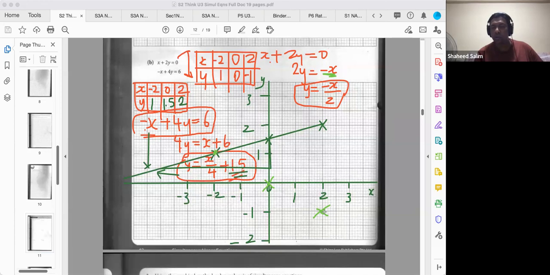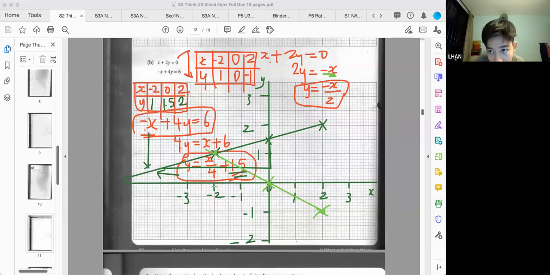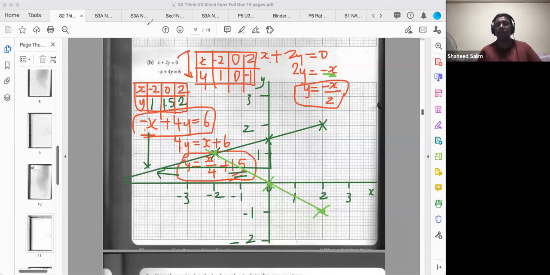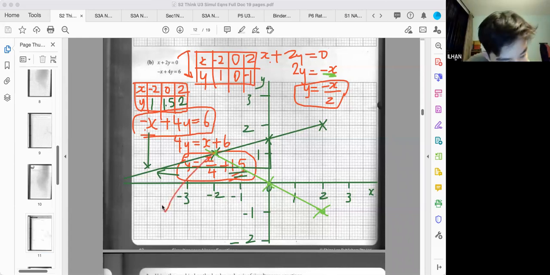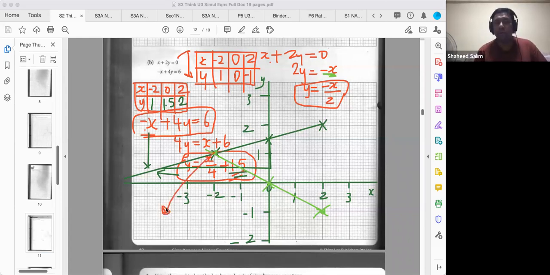They ask you to solve this simultaneous equation. So what is your solution? They want you to tell the coordinates of x and y at the point of intersection. So x is what, y is what? They want you to solve these two equations, the simultaneous equation.